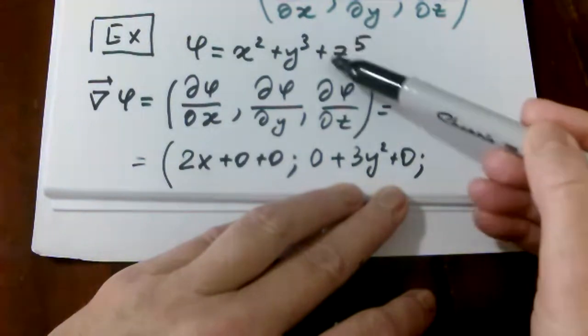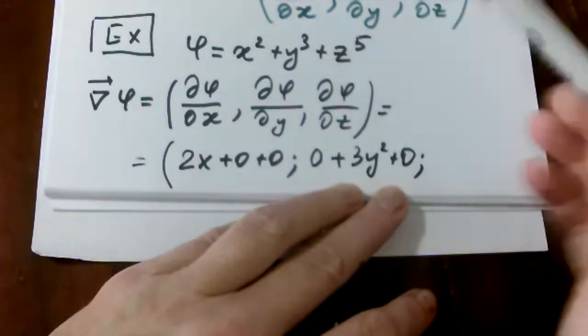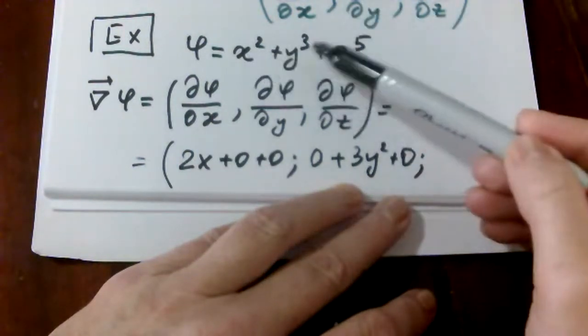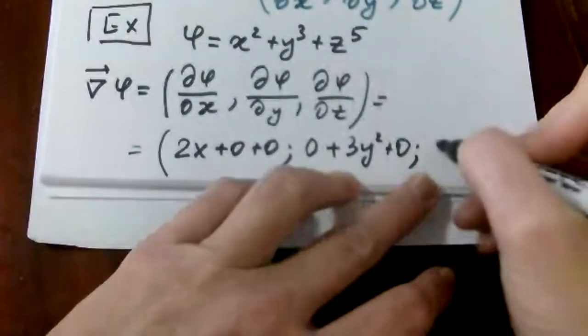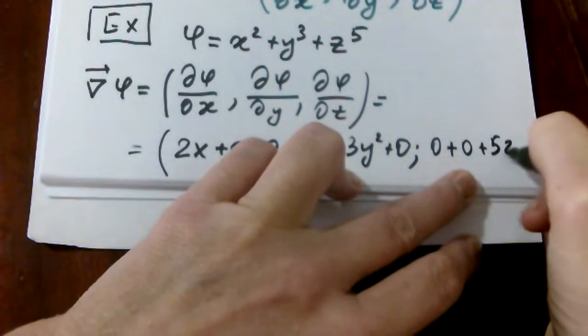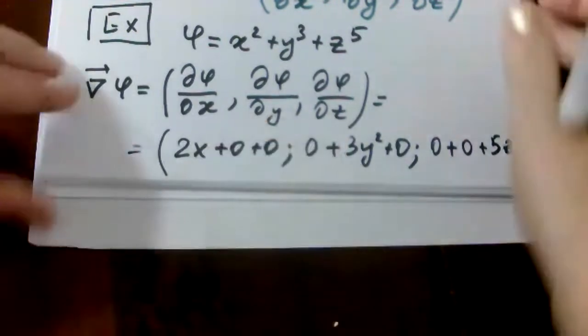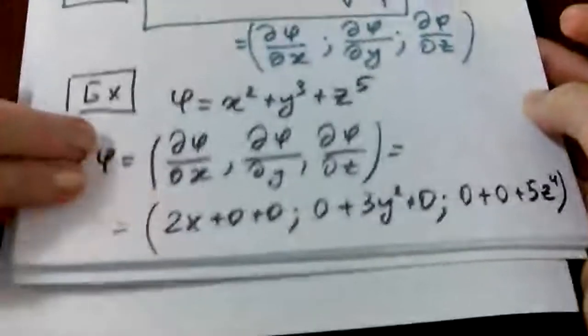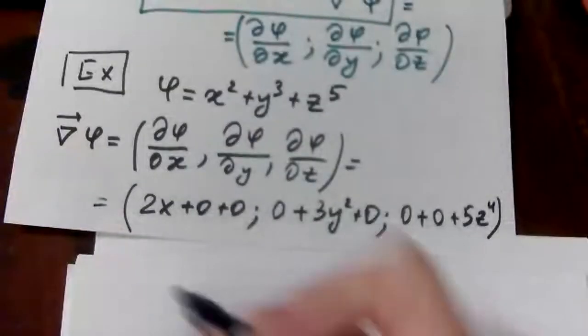In this case, only the last term will be still alive, if I may say so, and the first two terms are frozen. So 0 plus 0 plus 5 times z to the power of 4. Of course, it's better to simplify this. It looks too messy. And this is the end of our problem.